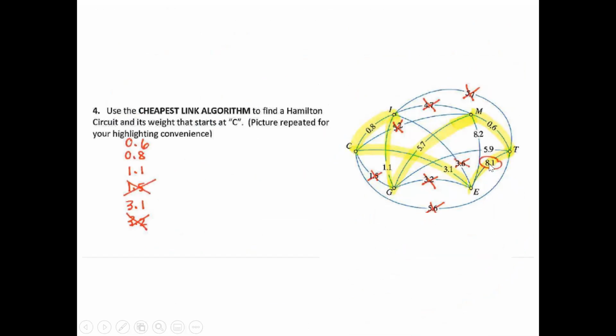So you have 0.6, which is M to T. 0.8, C to I. 1.1, I G, 1.5, C G, 3.1, C E, and then 3.2, which is G E.